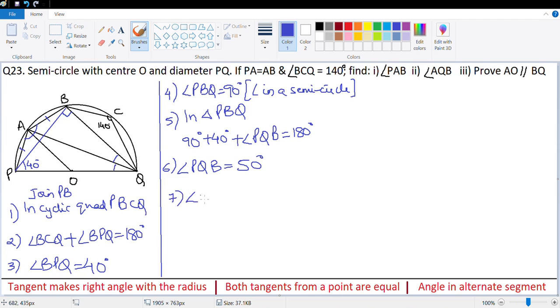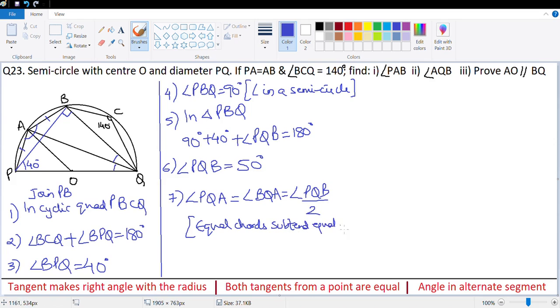Next, angle PQA is equal to angle BQA is equal to angle PQB upon 2. Reason for this, equal chords subtend equal angles, which means angle PQA is equal to angle AQB is equal to 50 degree upon 2 is equal to 25 degree.